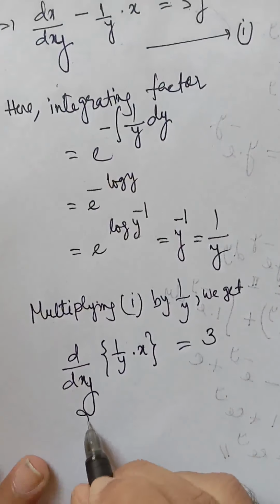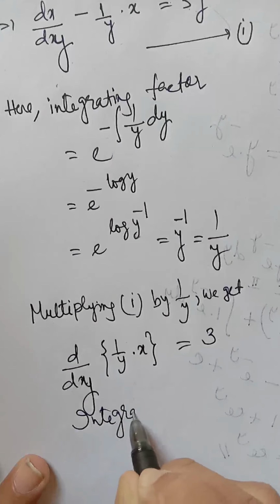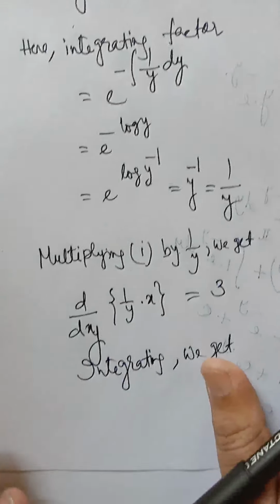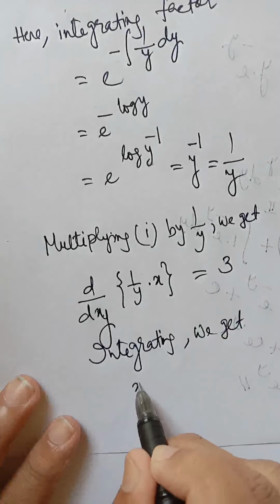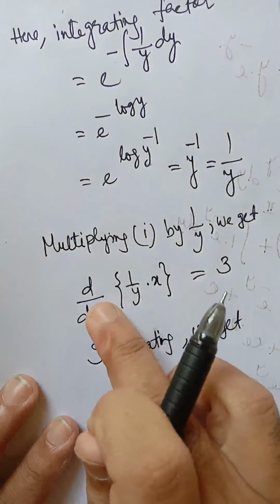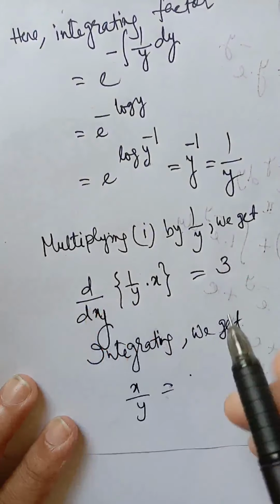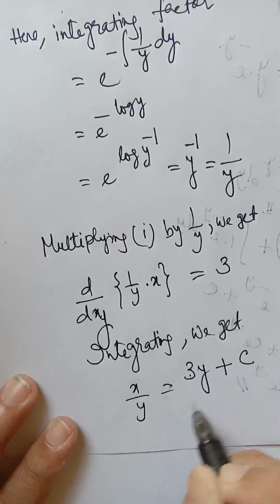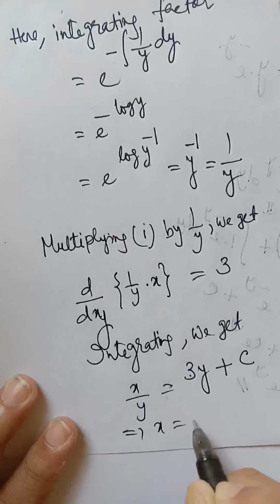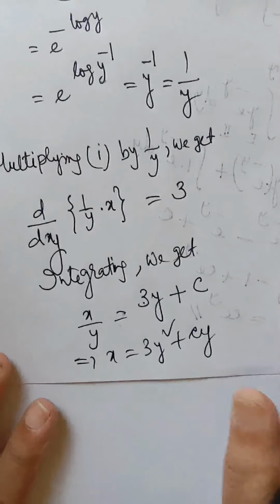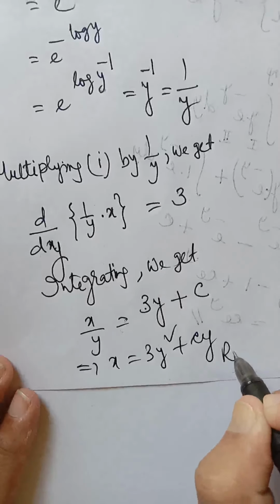And now integrating, we get x by y is equal to, here we are integrating with respect to y, so this will become 3y plus c. So x equals 3y square plus cy, which is the required solution.